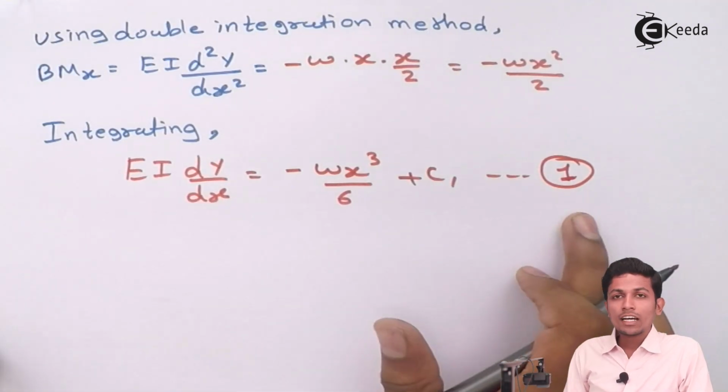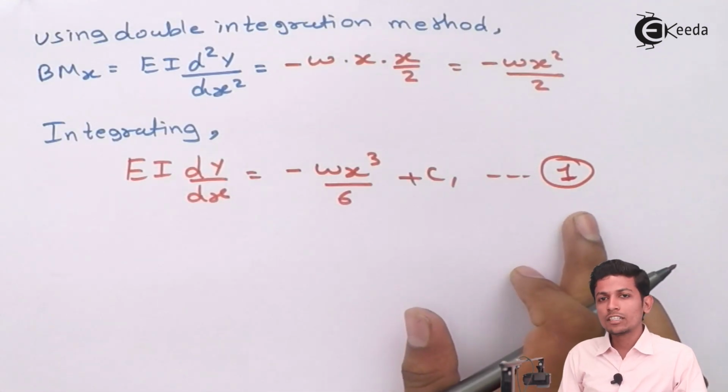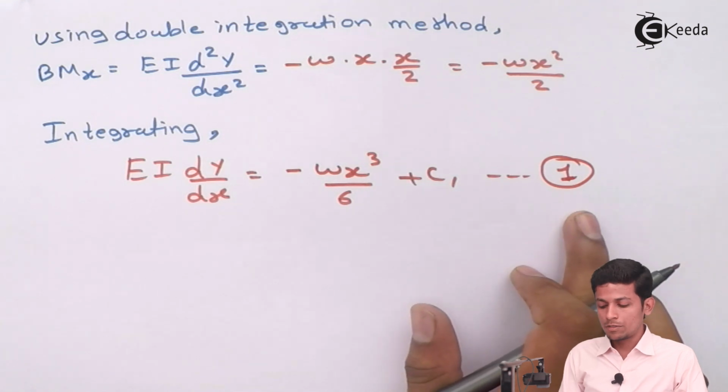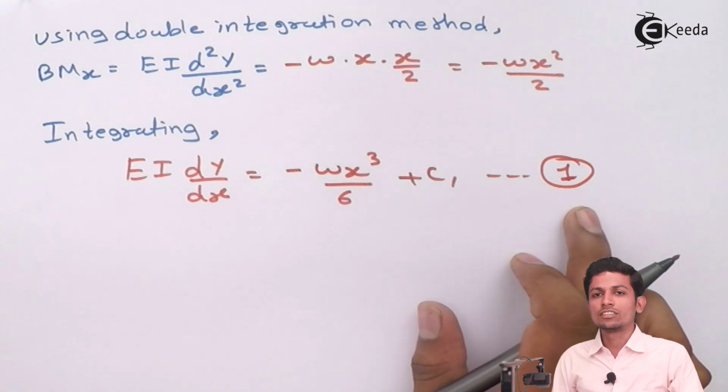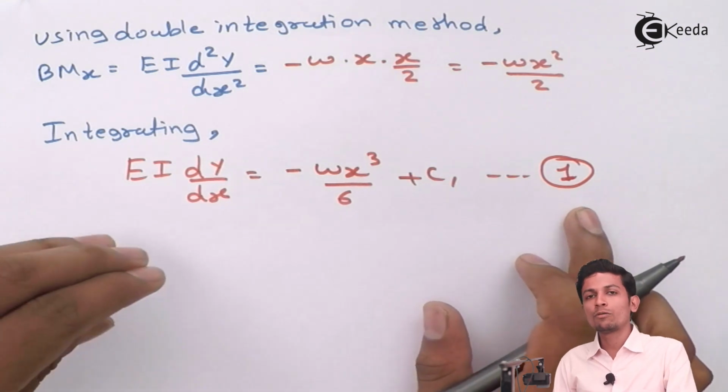Let's see how it comes. In the previous sums of simply supported type, we integrated again and then applied the end conditions. In a cantilever, now we have to apply the end conditions.